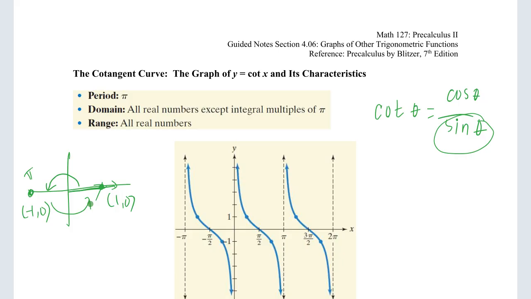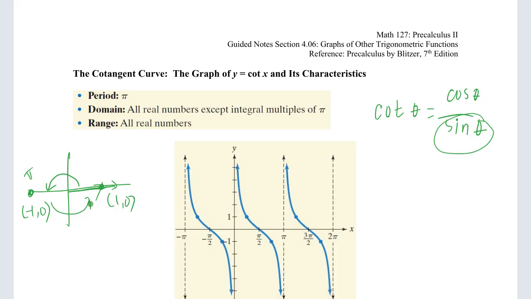However, one major difference is the direction of the graph. As you can see, the tangent function is increasing, but in this case the direction is decreasing. It is decreasing from left to right. Again, the tangent curve increases from left to right, while the cotangent curve decreases from left to right.